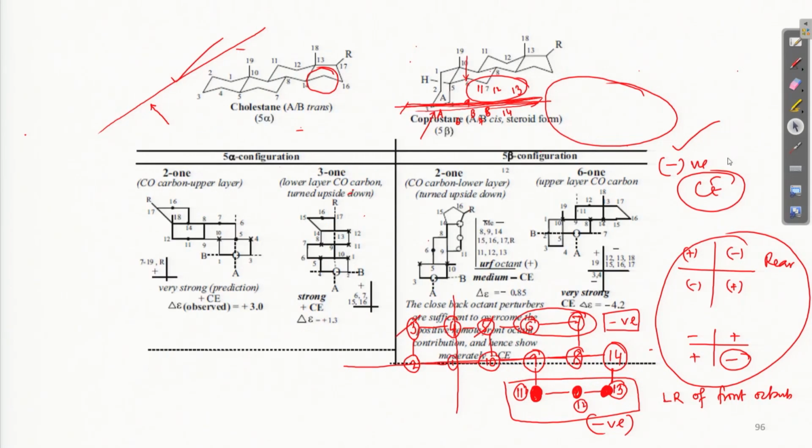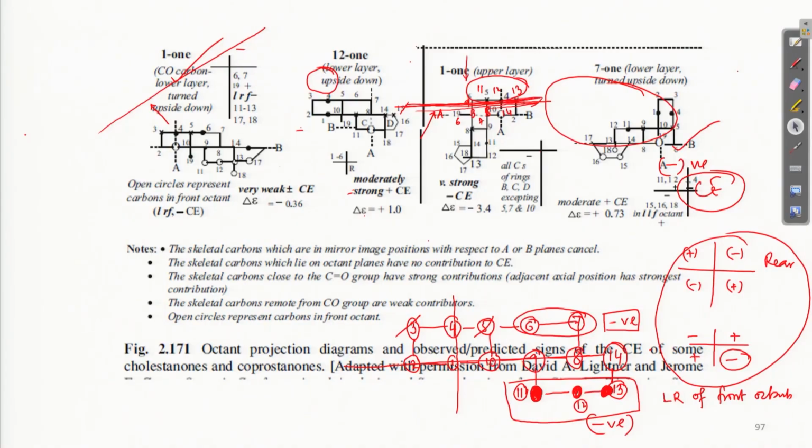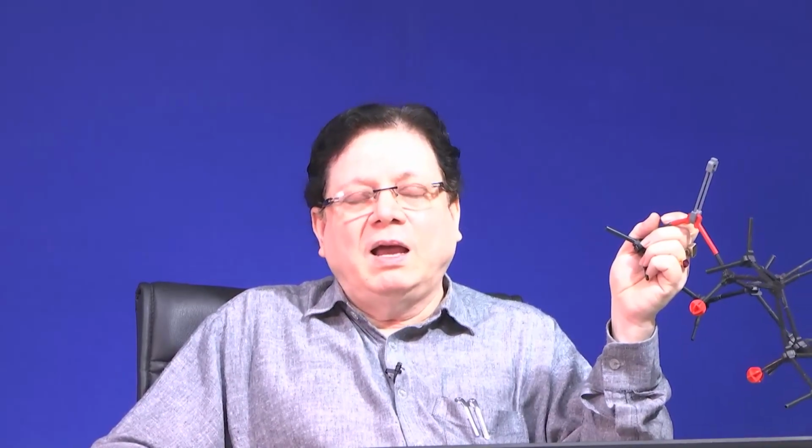This is again a perhydrophenanthrene. We can come back to this in the problem solving session. We will do problem solving in the next lecture, and at that point we will bring in the steroid molecule, and we will do some projection practice of how to draw the projection and how to predict the sign of the Cotton effect. Okay. Thank you.